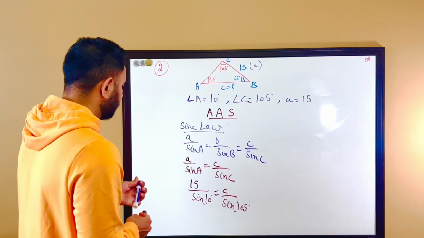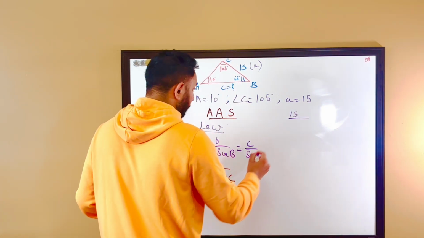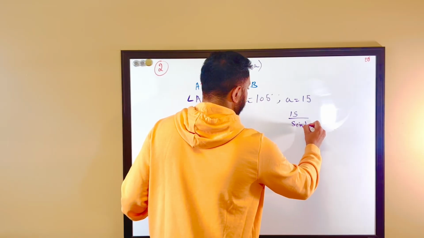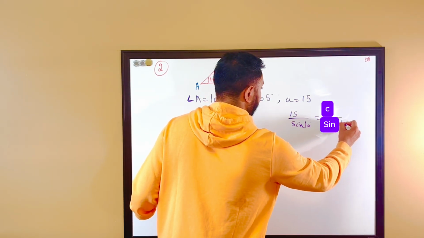So 15 over sine of 10 equals c over sine of 105.